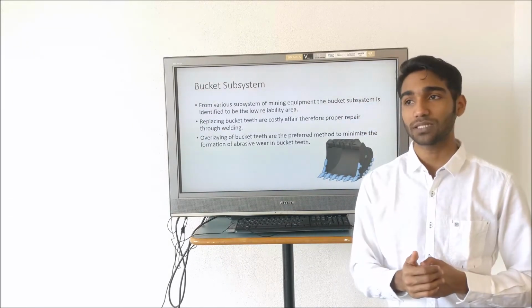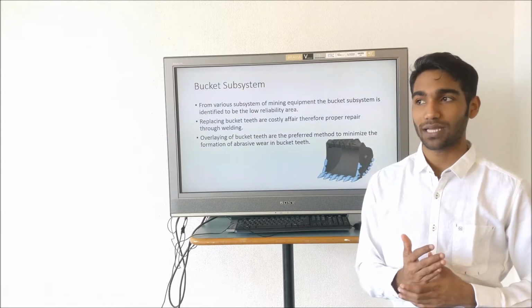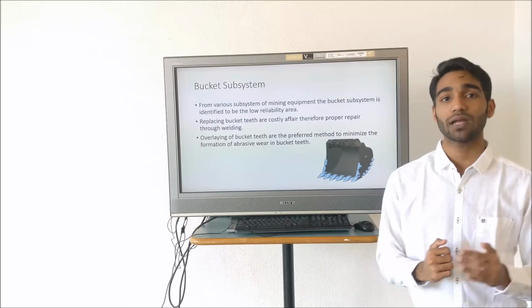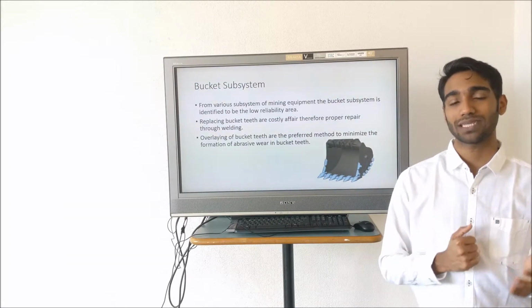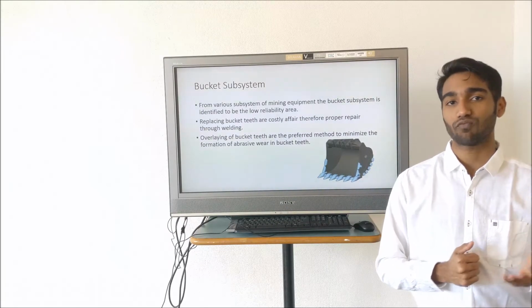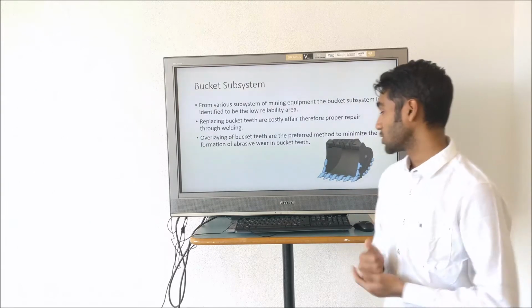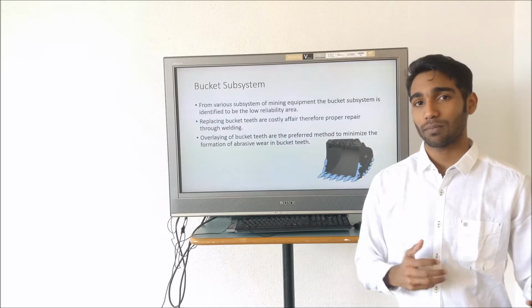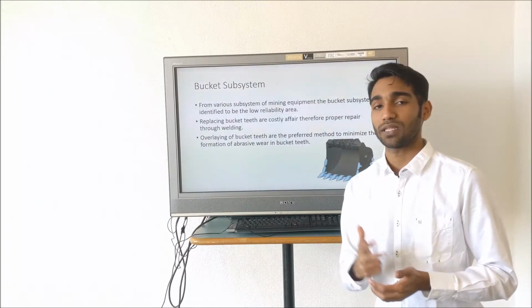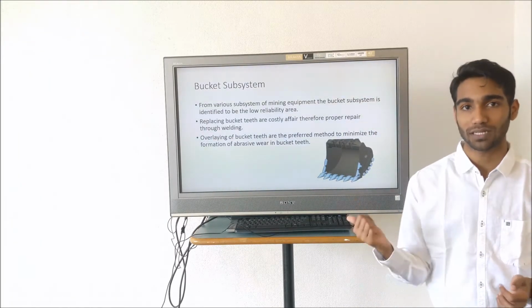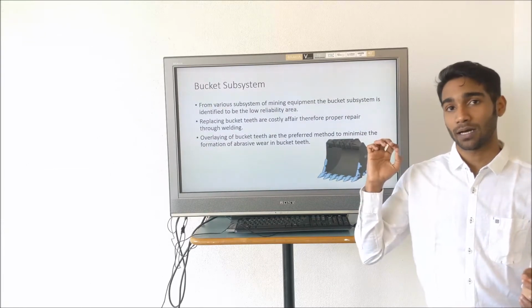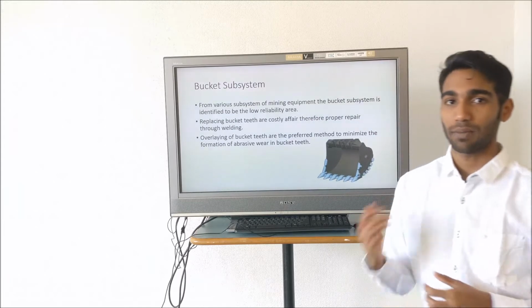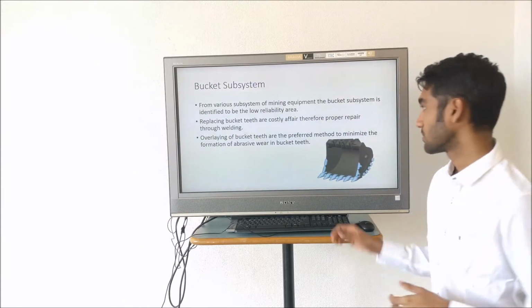For this purpose, we make use of an overlaying technique. That is, these bucket teeth are overlaid by different hard face alloys, so they can easily withstand abrasive wear. By designing this, we can prevent premature failure of bucket teeth, since the replacement of bucket teeth is a real costly affair in mining equipment.